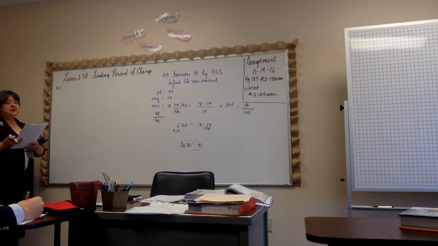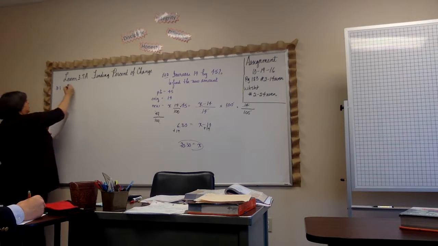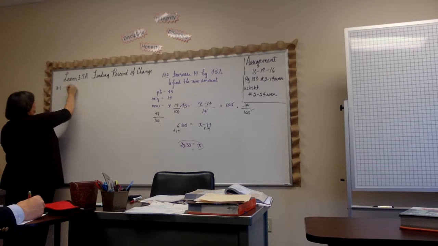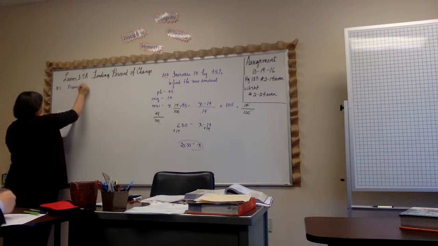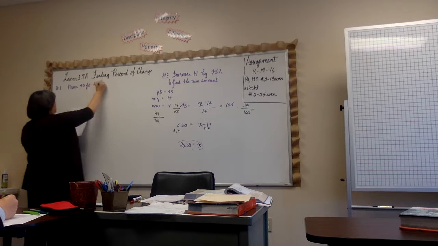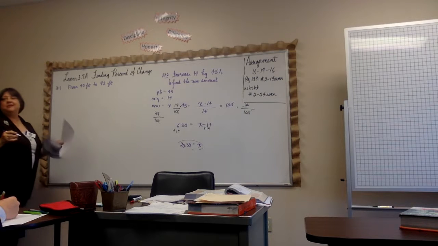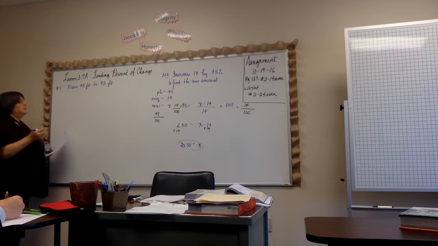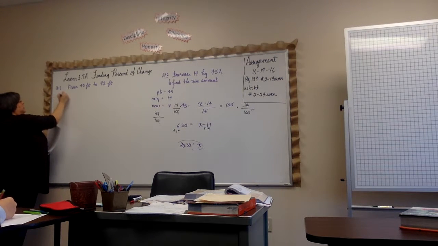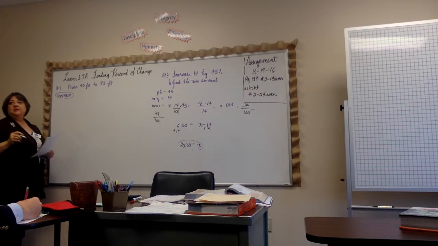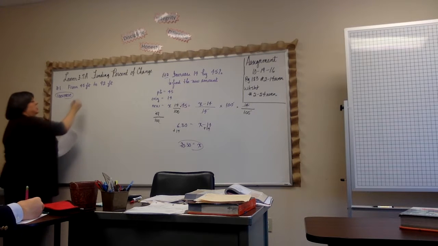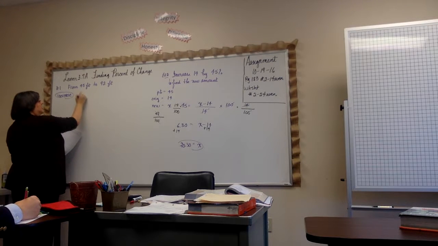This says, find each percent change to the nearest percent, state if it is increase or decrease. So if we're doing number 1, we're going from 45 feet to 92 feet. So is that an increase or a decrease? It's an increase, okay. So over here on the side, just write, all right, this is an increase. They want me to find the percent of change, so I'll follow the formula.